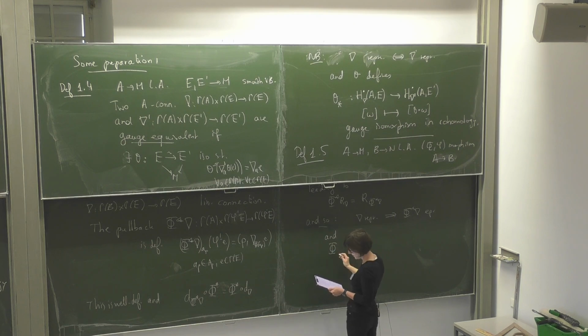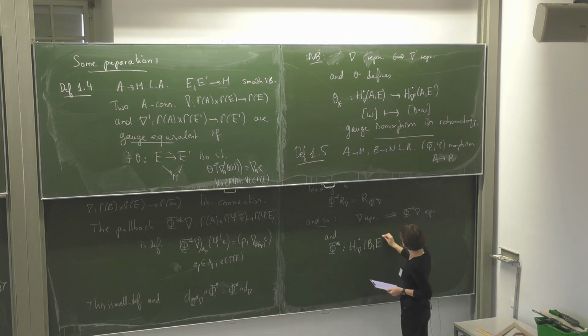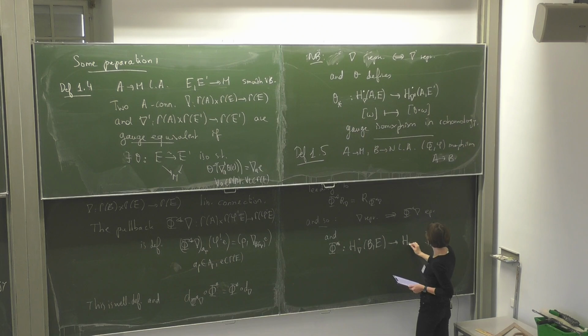So this time in twisted cohomology, which we write like this. Phi pullback nabla A on phi pullback E. Right.